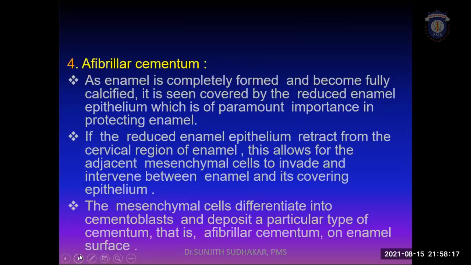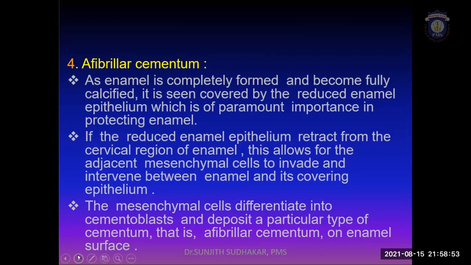Then afibrillar cementum. As cementum is completely formed and fully calcified, it is seen covered by the reduced enamel epithelium. After the tooth is formed, the enamel is covered by reduced enamel epithelium. But sometimes accidentally the reduced enamel epithelium can retract from the cervical region. Thus the enamel gets an interaction with the mesenchymal cells, which come in direct contact with the enamel.